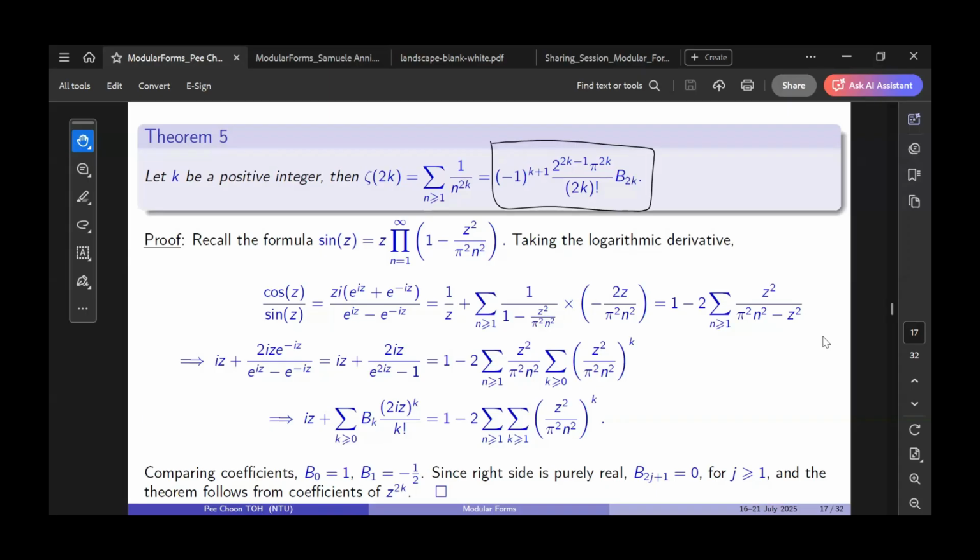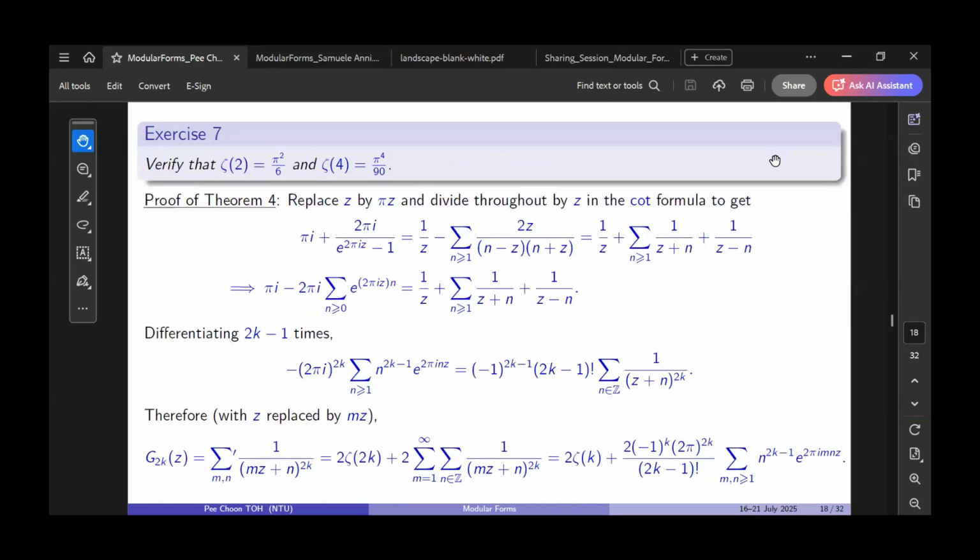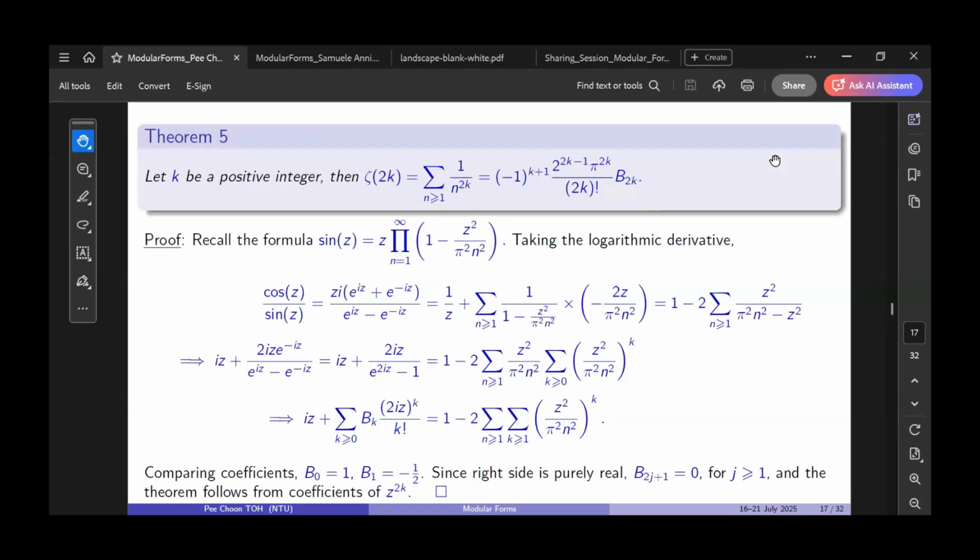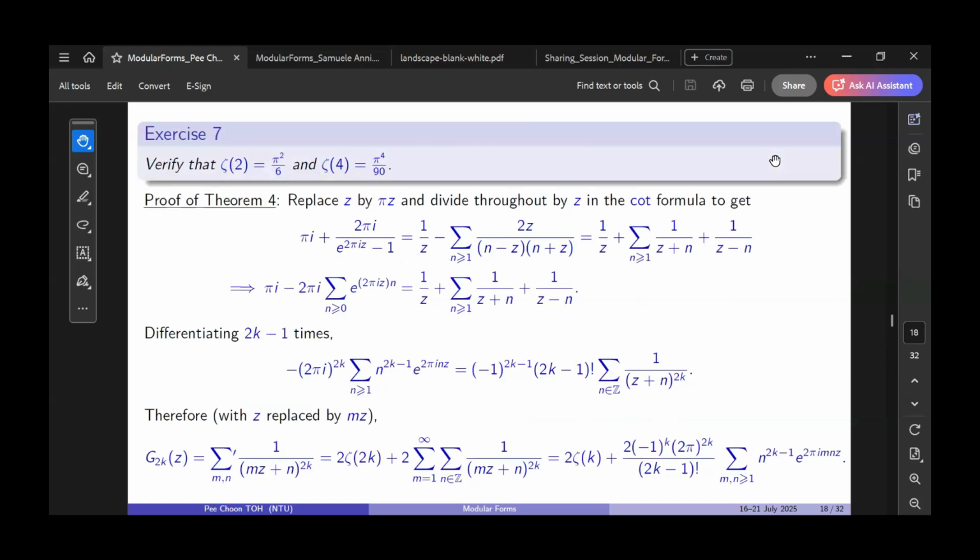So what do we do with this information? This is just to verify what is theta 2 and what is the value of theta 4, we can just calculate it using the formula. So why is this important?